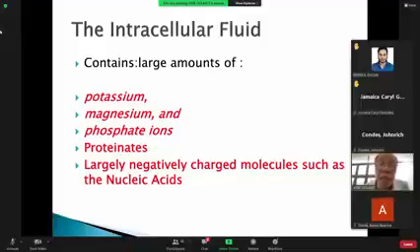Homeostasis does not mean equal, but homeostasis means maintaining the inequalities of concentration, meaning more sodium outside, less sodium inside, more potassium inside, less potassium outside. That is the optimal condition of the cell at rest. That is what you call homeostasis.